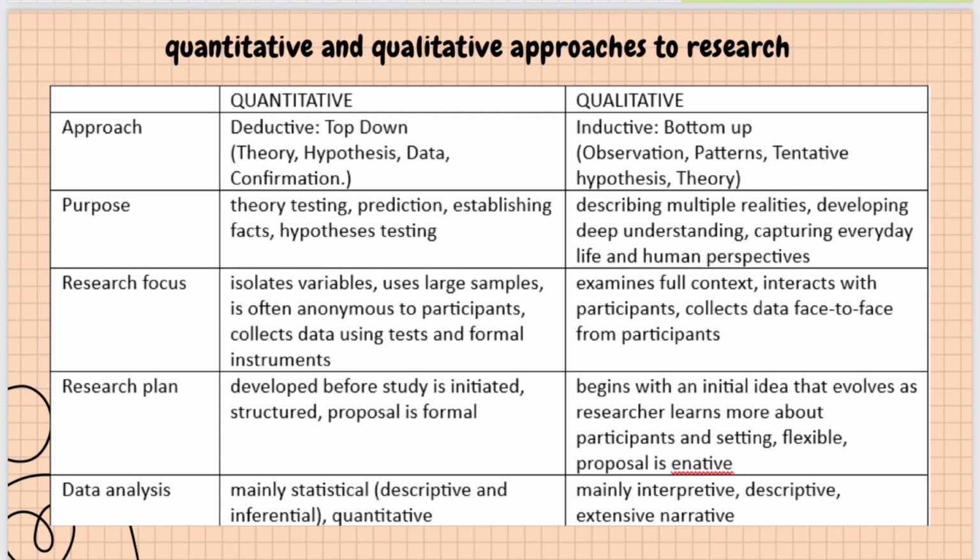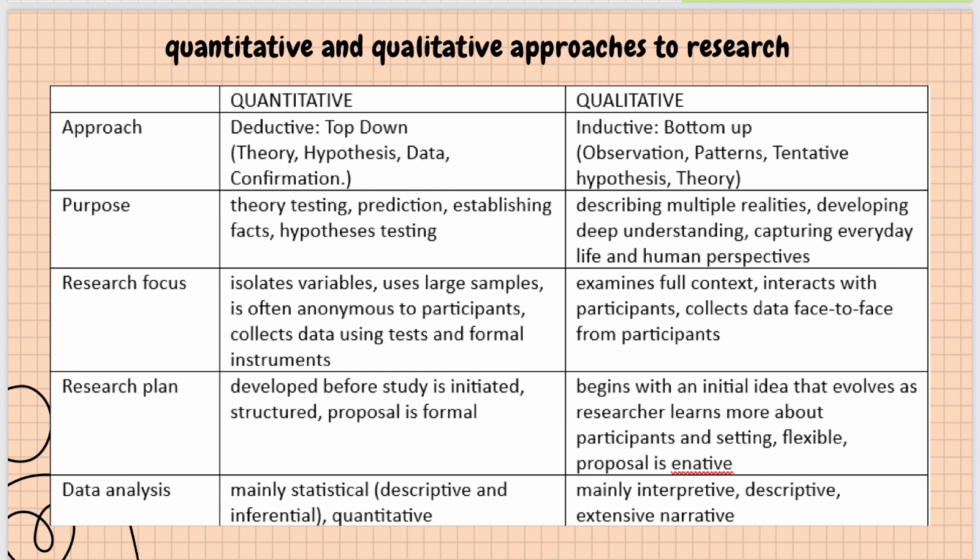Next, the purpose. In quantitative, the purpose is theory testing, prediction, establishing facts, and hypothesis testing. While in qualitative, the purpose is describing multiple realities, developing deep understanding, and capturing everyday life and humans' perspectives.